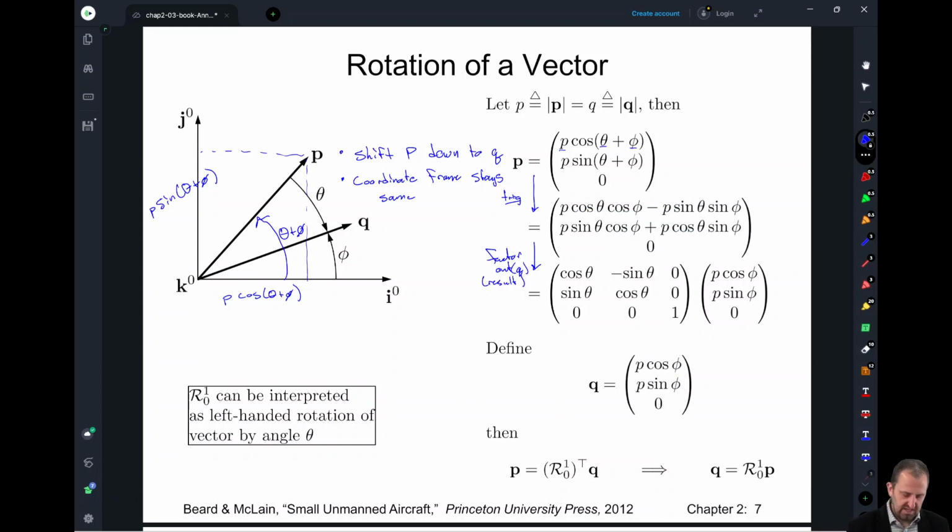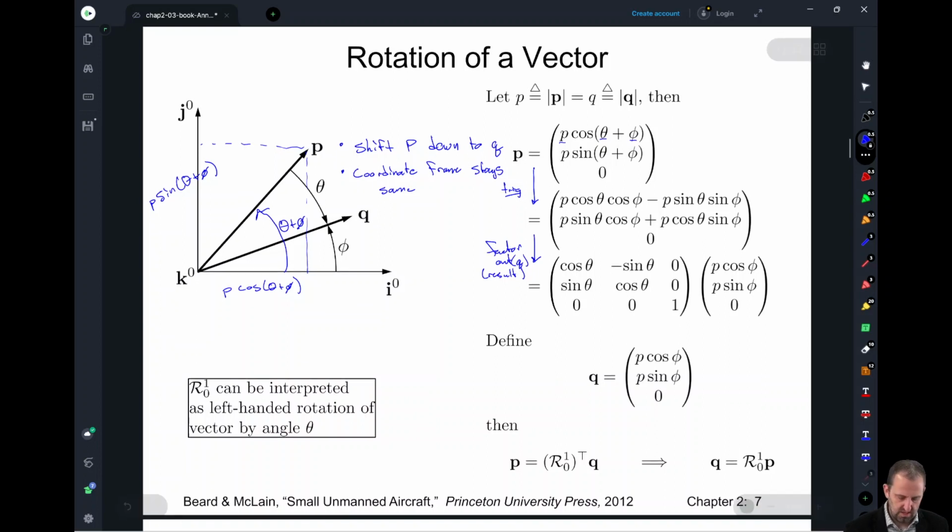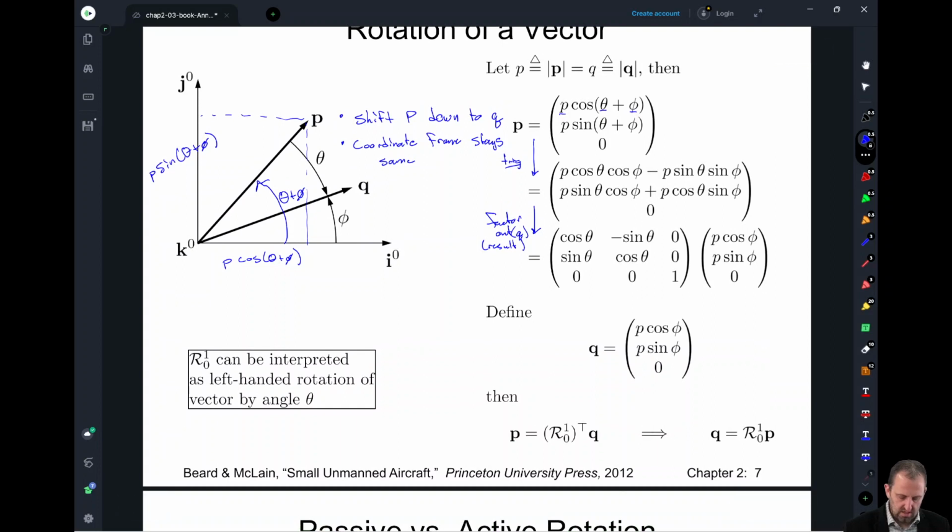And now we've defined Q, where Q is really where we want it to end up. So Q is just a rotation off by phi. Again, we're just rotating this vector P backwards by theta. Now, we can say that Q is just P cosine phi, P sine phi, and 0. I said theta, I meant phi.